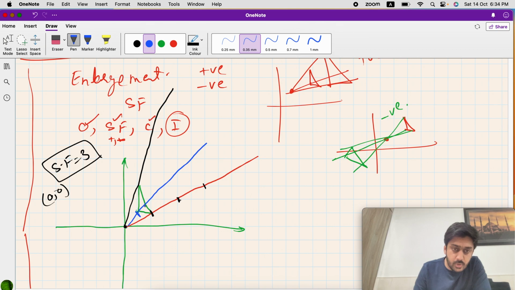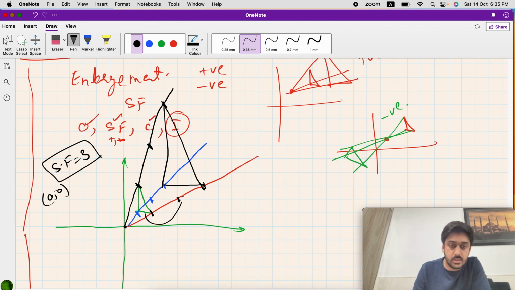Then this is 1 box, 2 box, 3 box. The scale factor was 3, so we are doing it 3 times. If it had been 2, I'd stop right here. And for the third one it is 1, 2 and 3. So connect the third point for everyone, and the triangle is enlarged 3 times.